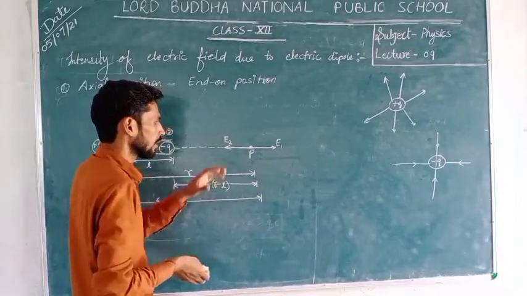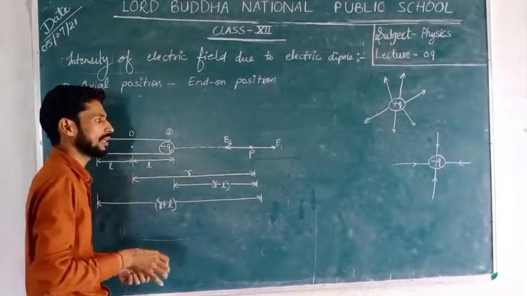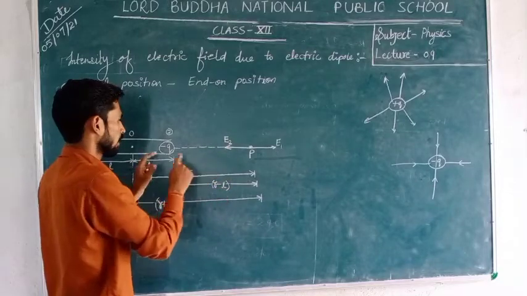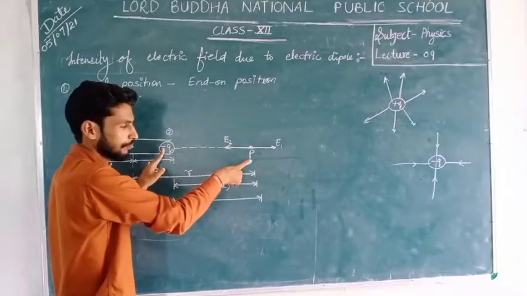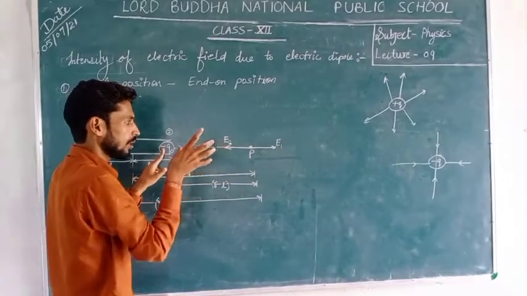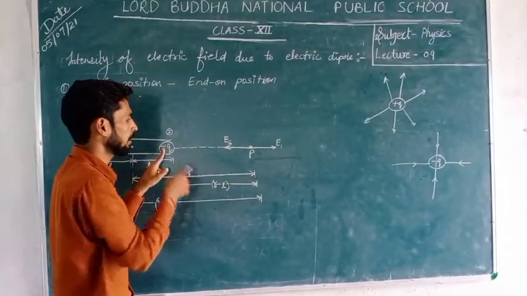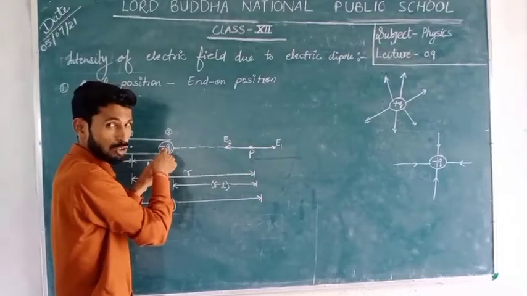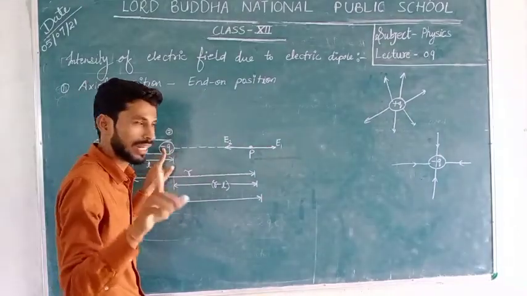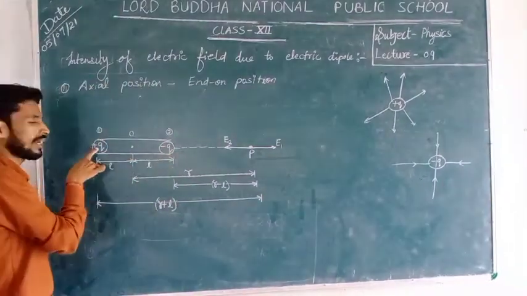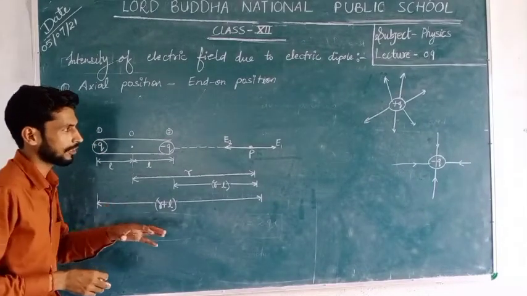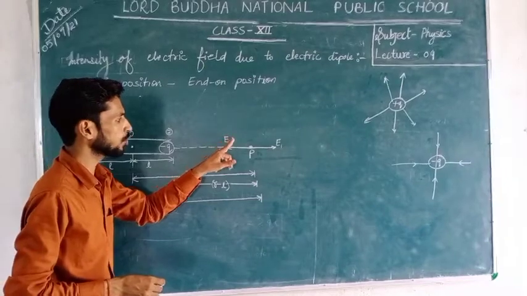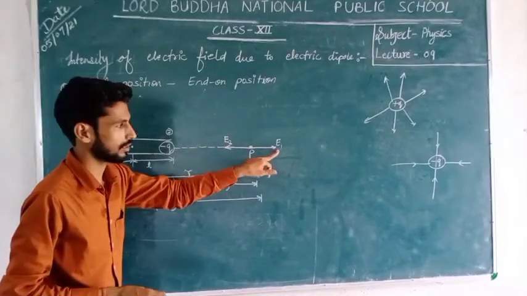Then what is the net intensity of electric field? Because this minus q is nearer to the point P, the intensity of electric field due to the negative charge will be greater than due to the charge plus q. So the net electric field will be E2 minus E1.